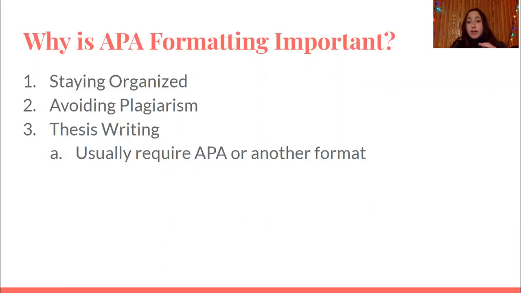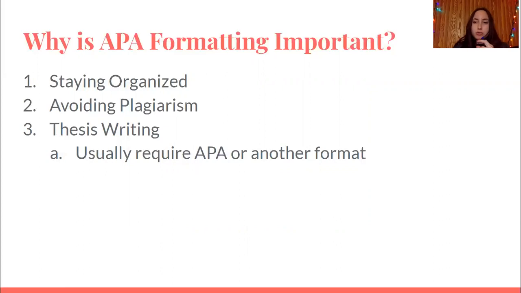APA, when done correctly, and I'm going to help you learn how to do that today, will give the correct amount of credit to the people who actually did the work that you're citing. So that's super important. And third of all, APA is super important for research papers or papers that are going to be based in any type of citation format, specifically thesis writing.